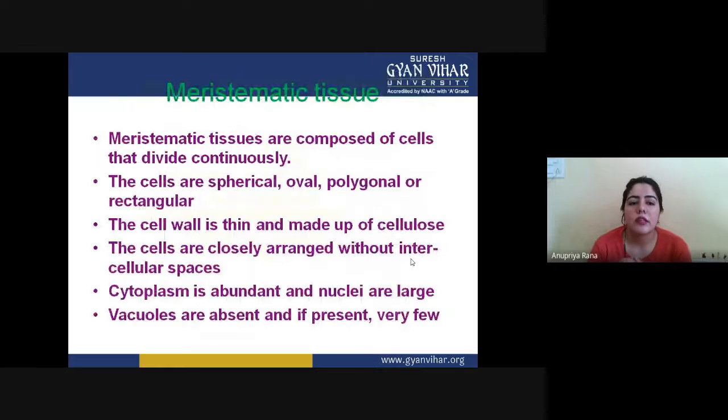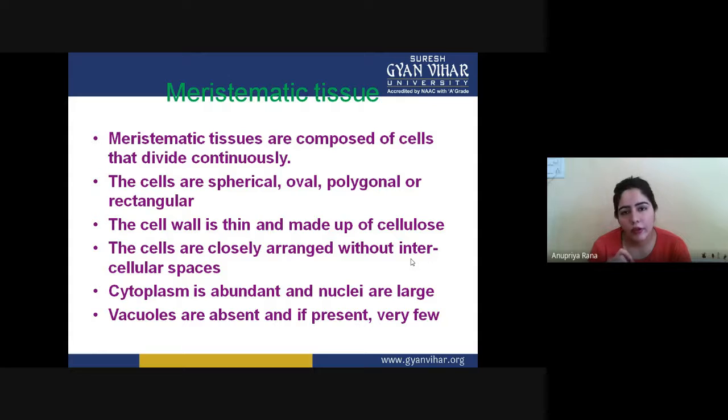We can also see some very basic features of the meristematic tissue, like they are composed of cells that divide continuously. Okay, so this is a major feature you can see in the meristematic tissue. The major work they perform is just cell division. Nothing else can be done by the meristematic tissue.